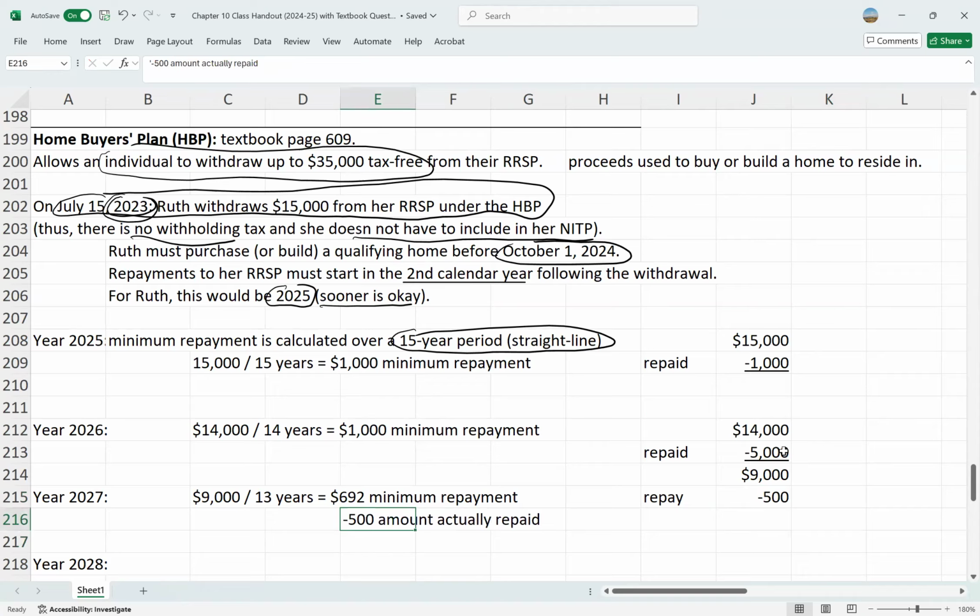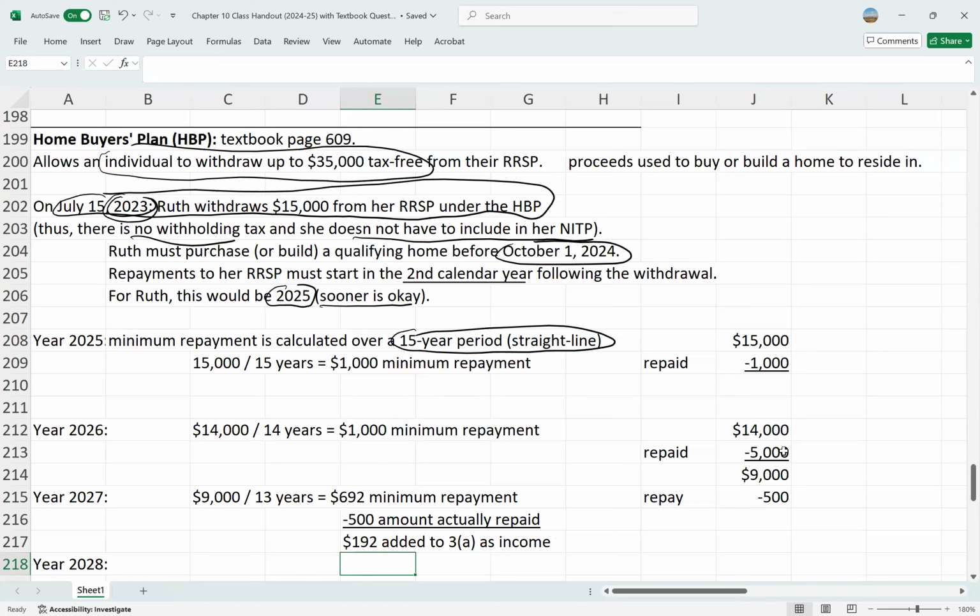So then we have to look at the difference here. The difference is 192. Because you did not pay the minimum amount back, you paid less, this 192 would be added to 3A as income. So if you don't pay back the minimum amount, the difference will be added to 3A as income.